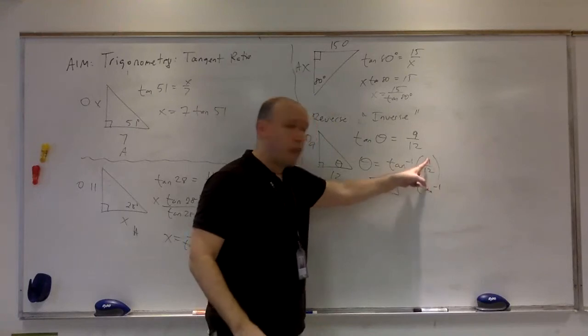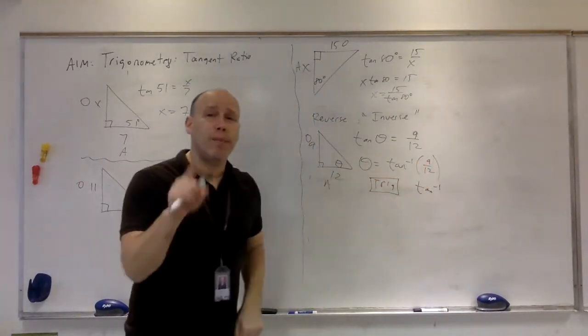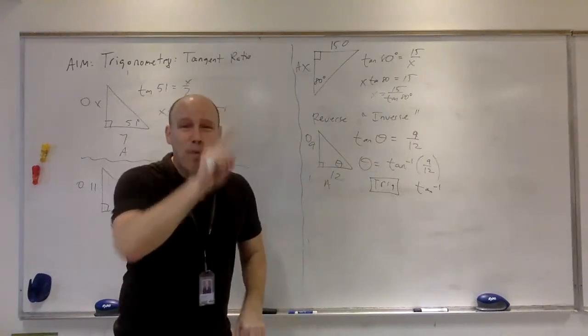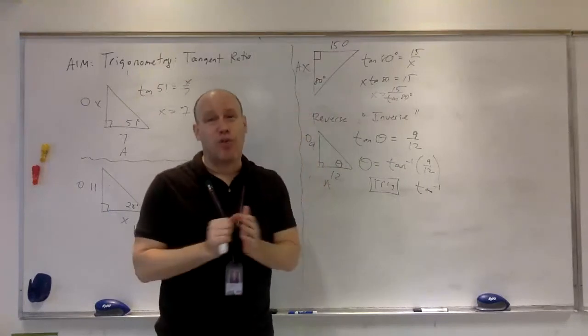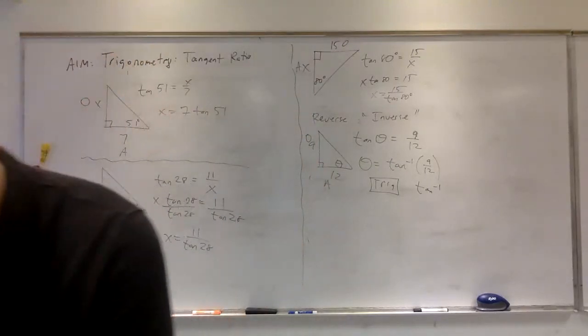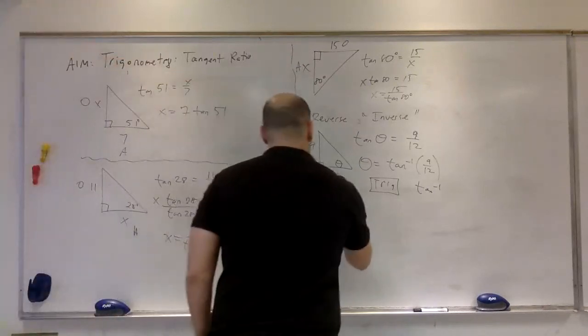Hit tan negative 1, put the ratio in there, and you'll get your angle answer. Once again, please remember that in the upper right-hand corner, your calculator should say DEG for degrees.